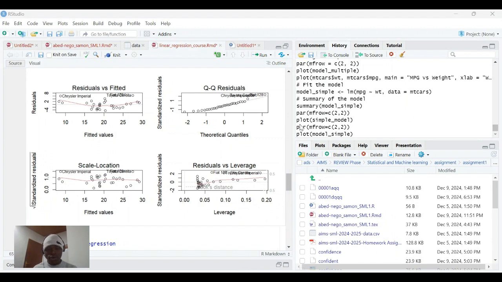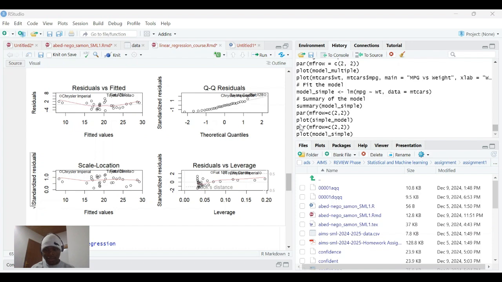But here we can notice a curve, which is not really linear.